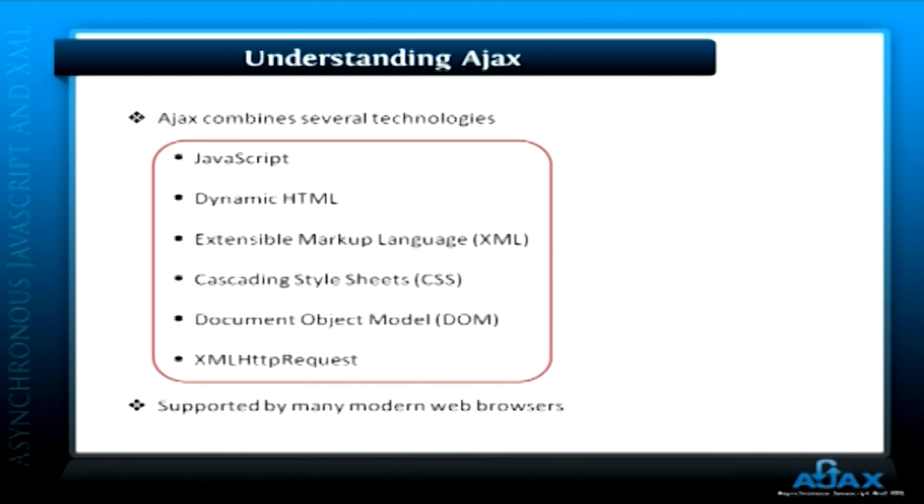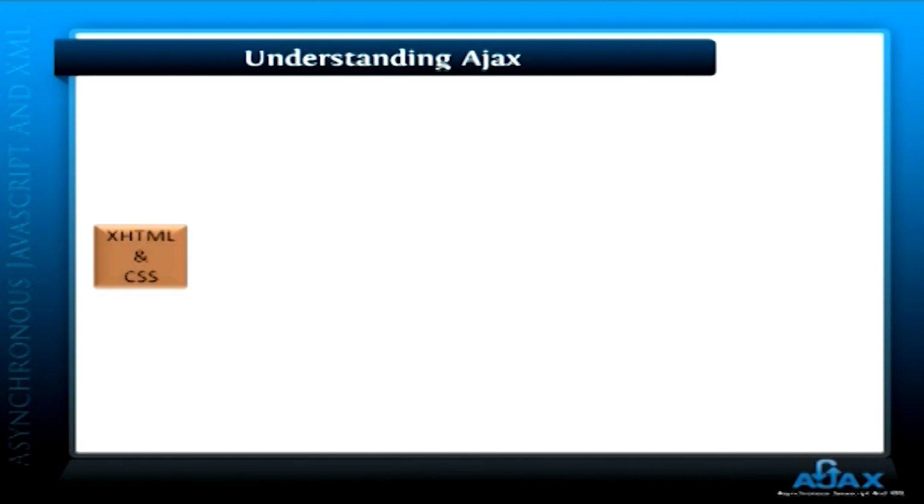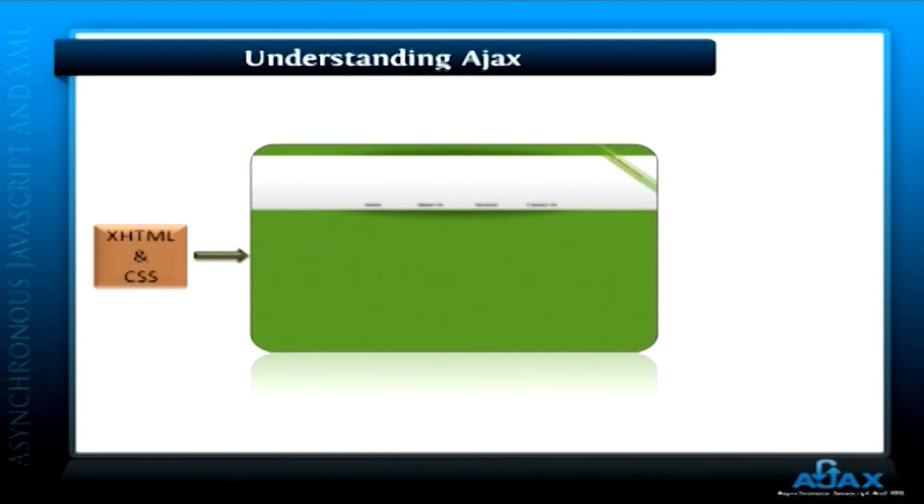Fine, now let's see how these technologies work together. First, let's take XHTML and CSS. These two components are used to build the user interface. Next, as the application runs, the interface has to change according to the user's actions.